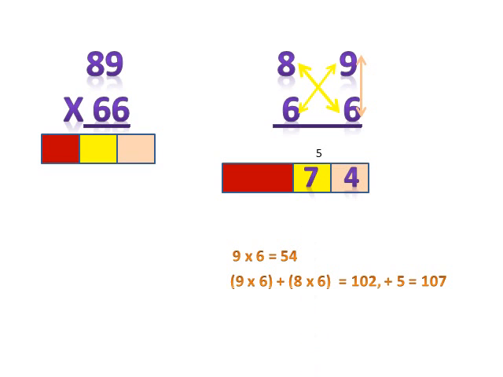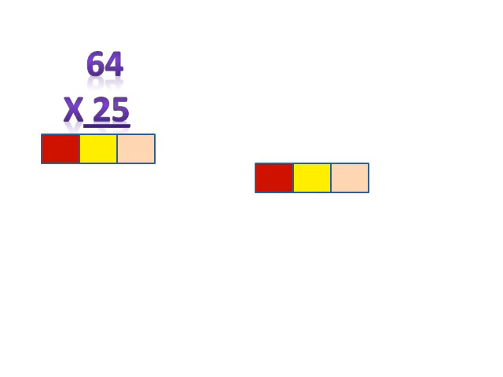So you just write the last digit. You write 7 and then you carry 10. And the last one, of course, would be 8 times 9. That's 72. And you have 10 carried from the previous one, so that's 72 plus 10, that's 82. So therefore your answer for 89 times 66 would be 5,874.